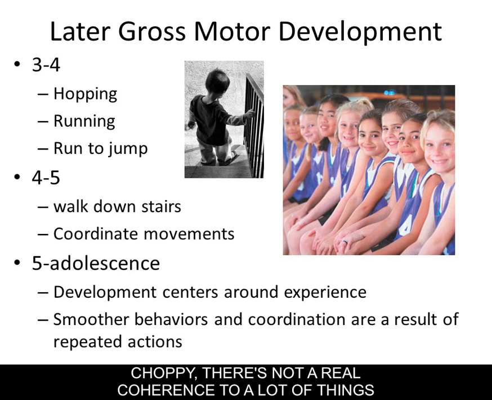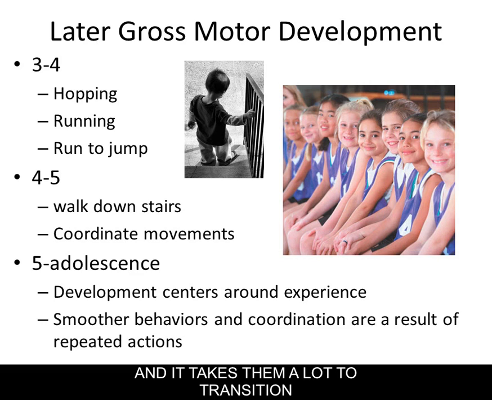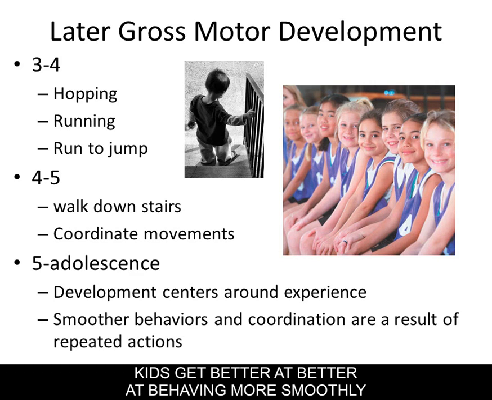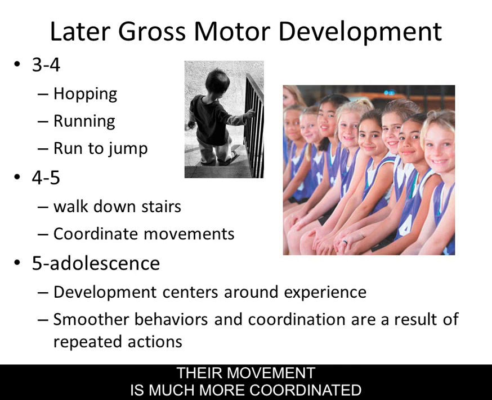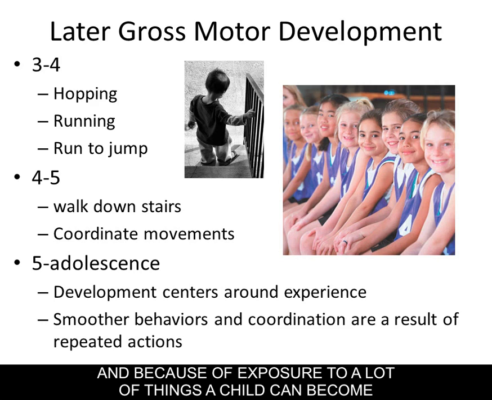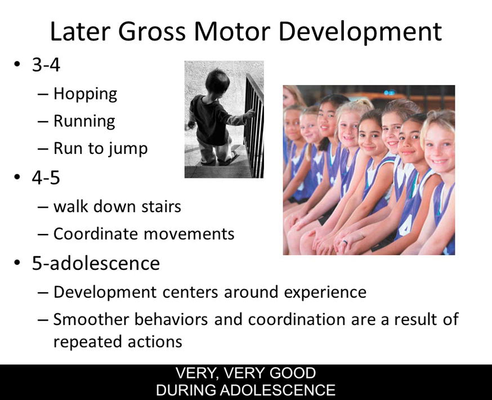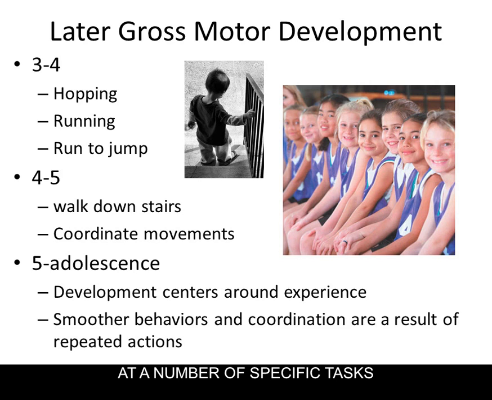There's not a real coherence to a lot of things, and it takes them a lot to transition from one activity to the next. Well, as we develop into adolescence, kids get better and better at behaving more smoothly. So their movement is less choppy, their movement is much more coordinated, and because of exposure to a lot of things, a child can become very, very good during adolescence at a number of specific tasks that involve these gross motor skills.